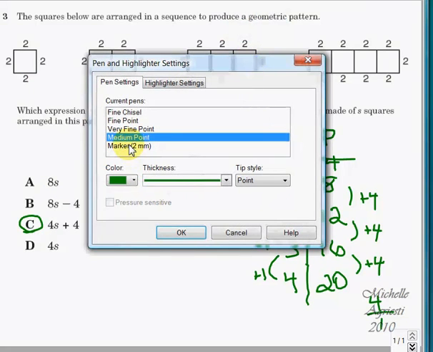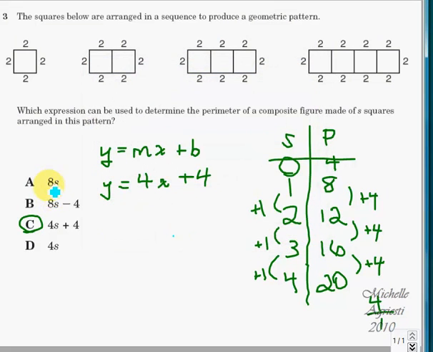Let's just do that. Let me change colors. Okay, 8s. So on 1 square, 8 times 1 is 8, and that works. On 2 squares, 8 times 2 is 16. And, does not work for 2, because 2 is 12.